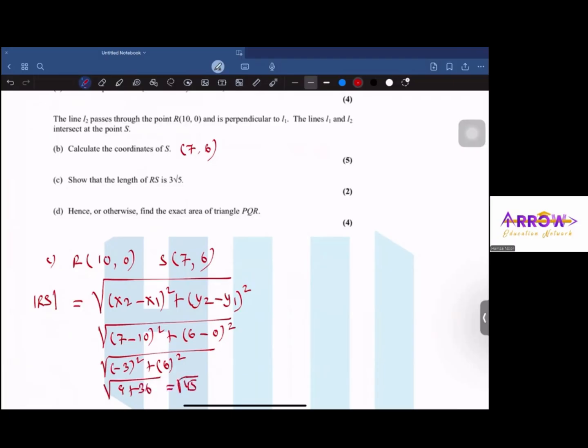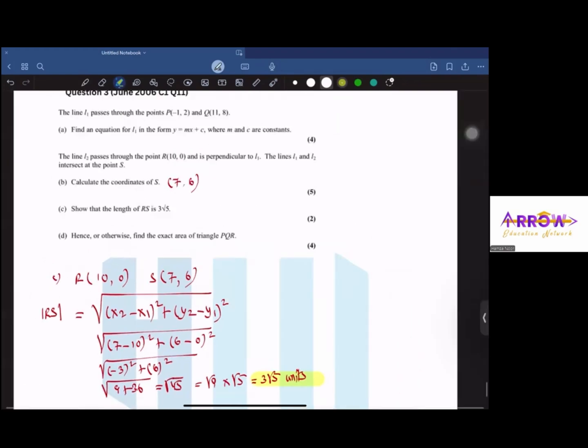The square root of 45 can be expressed as the square root of 9 multiplied by the square root of 5, and the square root of 9 is 3. So 3 root 5 units is your answer. This is the exact length which is required in part C.